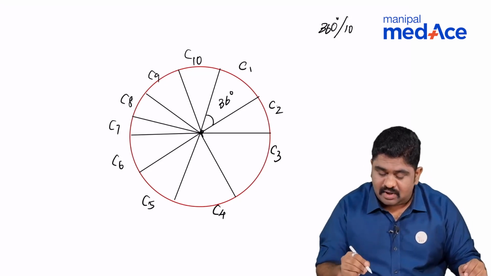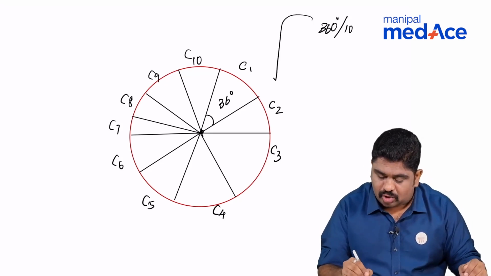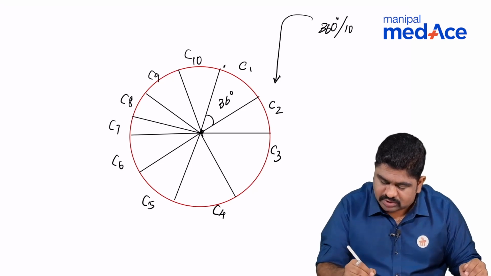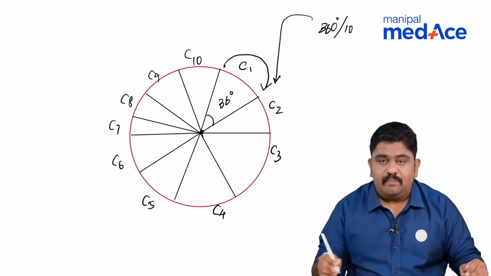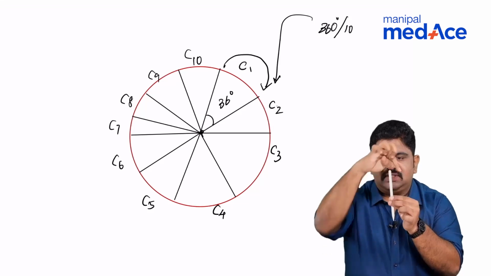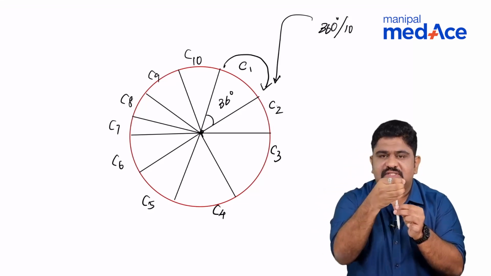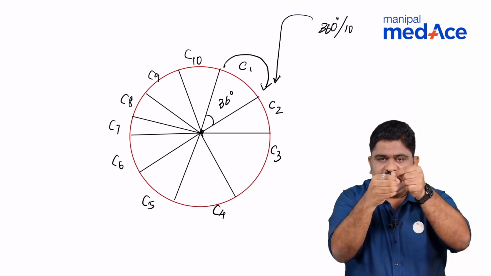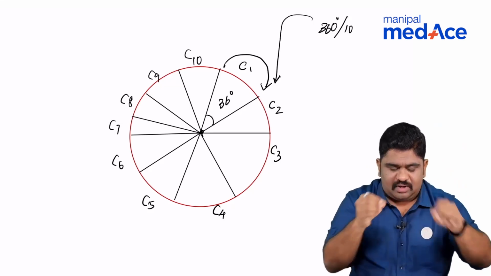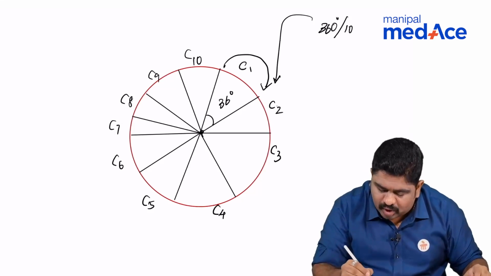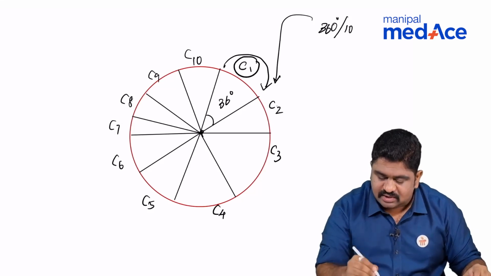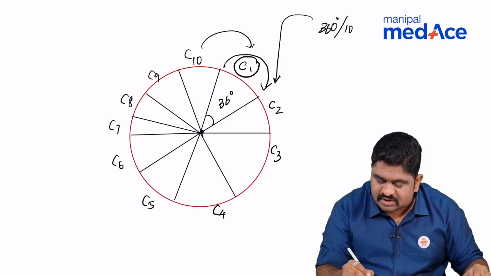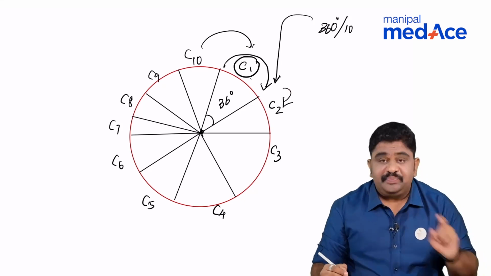Now remember, when a proton drops on this area, this portion moves from here to here by rotation. Imagine this is the drum. When one proton hits this area, then a 36-degree movement can happen. So in the position where initially C1 was present, C10 will come and occupy, and C1 will go to the position of C2.